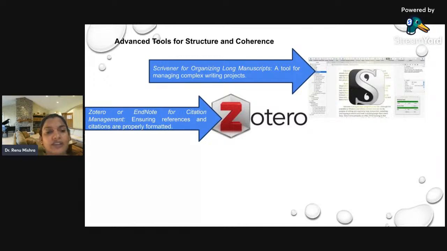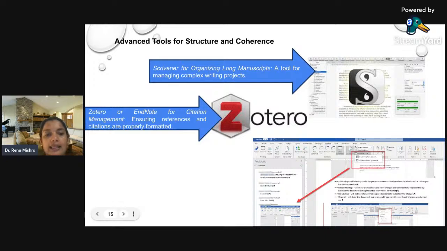When you are writing your literature review, you need to manage your referencing because plagiarism is a big fuss these days, right? And otherwise also, in order to manage your literature review, these softwares are used to manage your references. They not only manage your references, they also ensure they are properly formatted in the style your university demands. Okay, so these are very popular tools, popularly known to students.